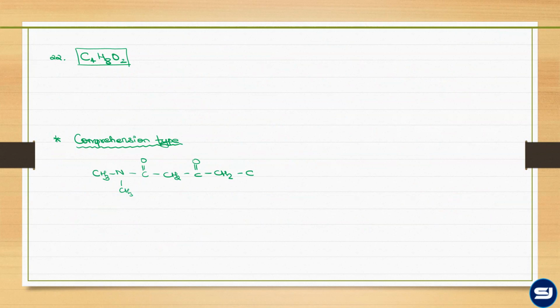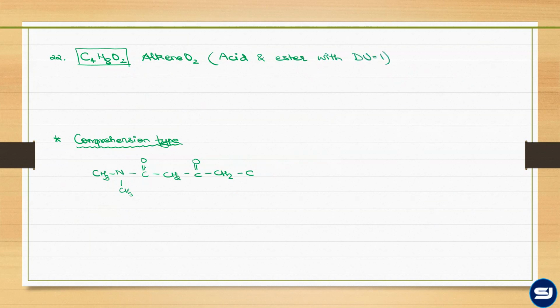22. What could be the correct IUPAC name of compounds with molecular formula C4H8O2? Once again, just by looking at the formula, we can visualize it as alkene O2 representing the acids and ester with a DU equal to 1.